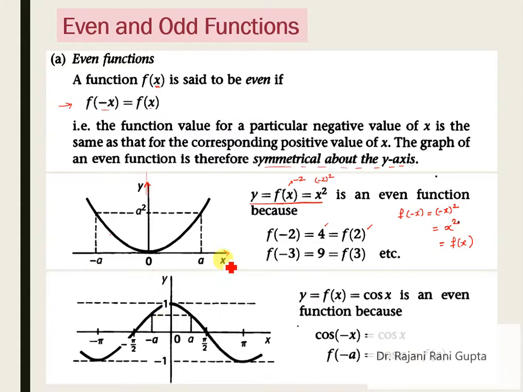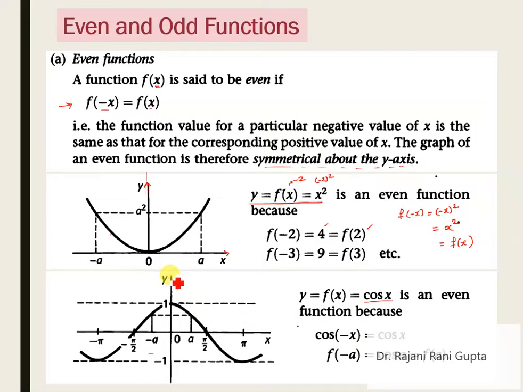Another example, if we consider the graph of the function cosine of x, we know that this is the curve for cosine of x. We say that it is an even function because cosine of minus x is equal to cos of x. This is the property of this trigonometric function. So f of minus x is equal to f of x, hence it is an even function.